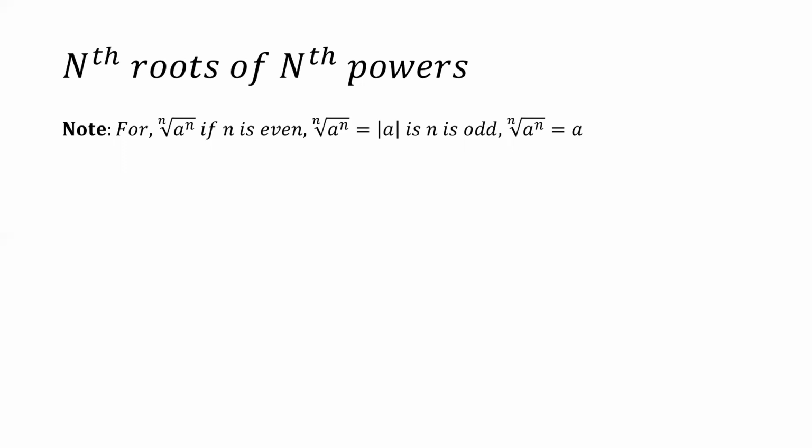The reason for that is, once you take the even power inside, it's going to force your thing to be positive regardless of what happens. And then if n is odd, it's just the thing itself. So this is a very specialized case. I'd honestly be surprised if we were tested on it, but it's worth bringing up because if you see it, that's kind of what it breaks down to.